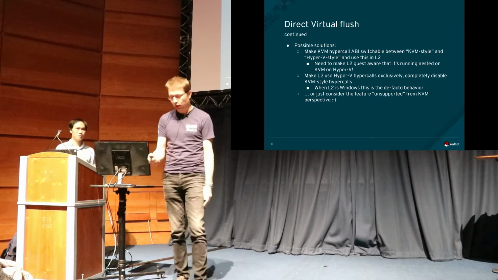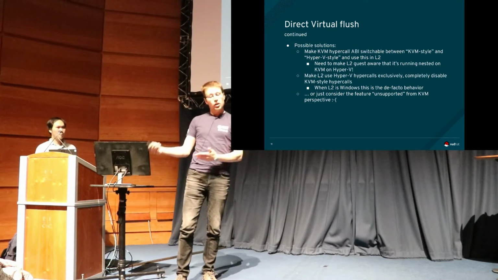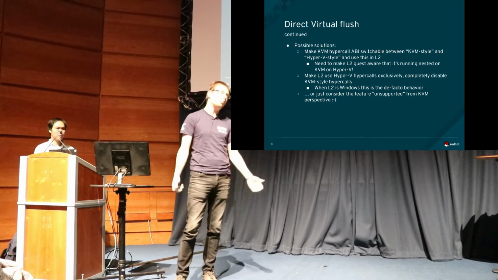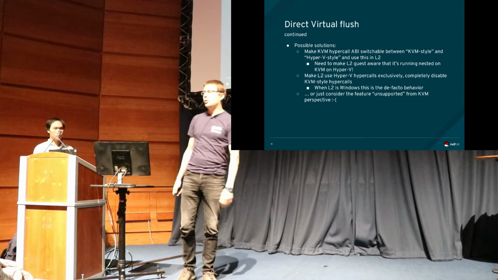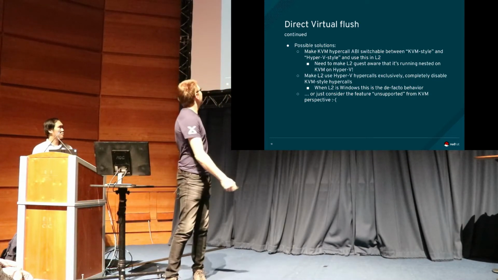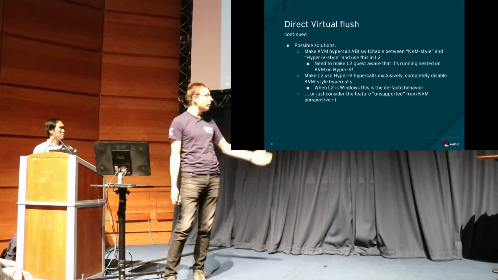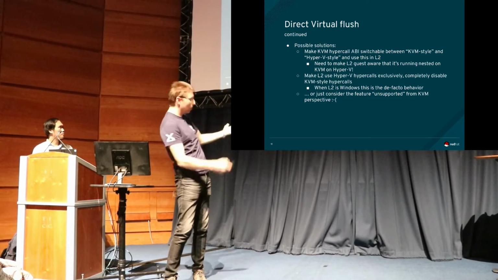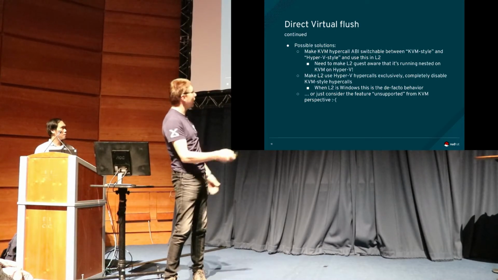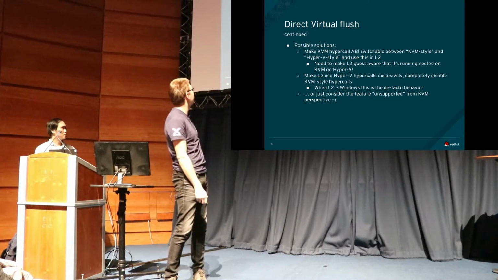That may not be very good. We can also ask Microsoft to make their interface switchable to KVM style hypercalls. We weren't really successful so far. So for now the feature stays unimplemented just because of that. We cannot enable it with the current hypercall ABI.